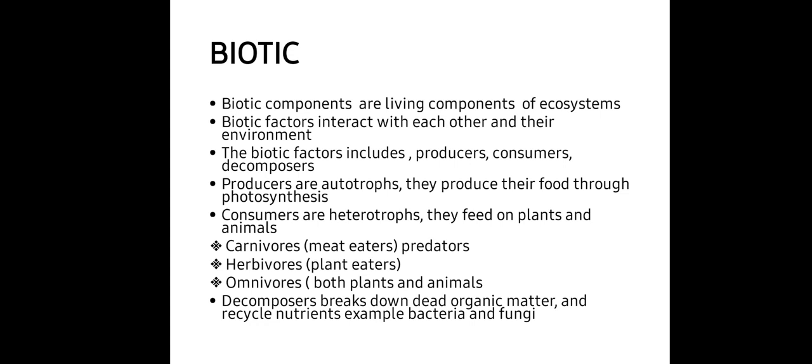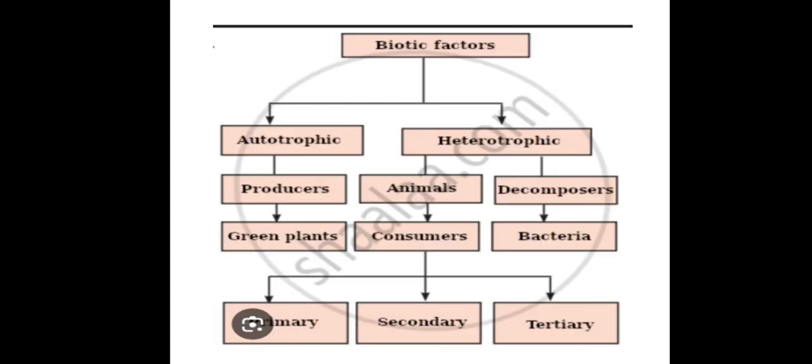They feed on plants and animals. Carnivores eat meat. They are meat eaters, they are predators. Herbivores are plant eaters. Omnivores eat both plants and animals. Decomposers break down dead organic matter and recycle nutrients, for example, bacteria and fungi.